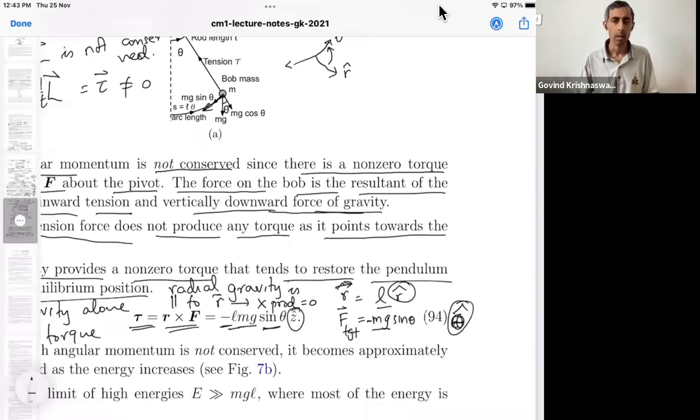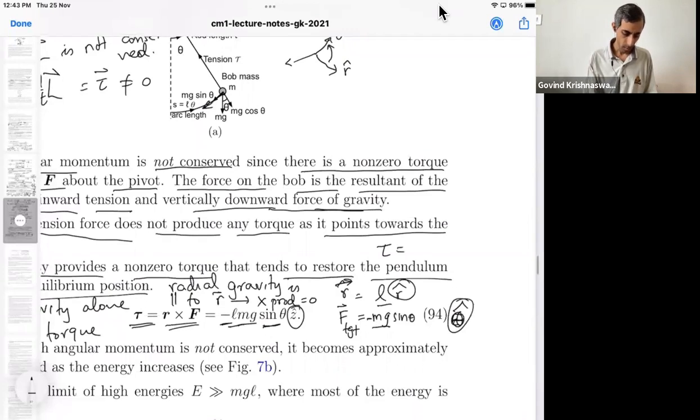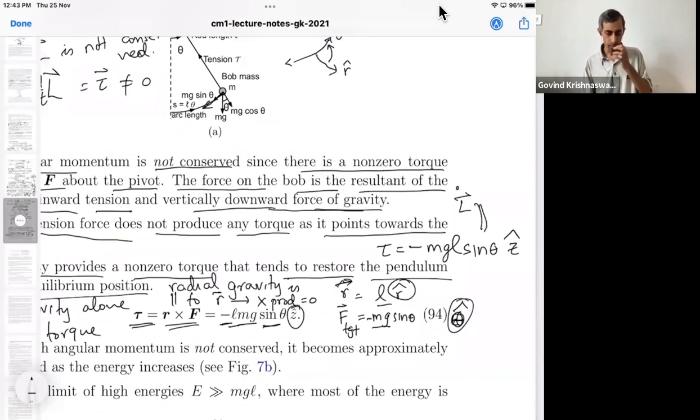Okay, so here we are. Any question about how we computed this torque? So this is the torque. The rate of change of angular momentum is equal to this quantity.